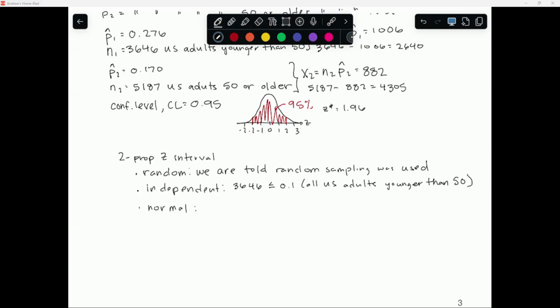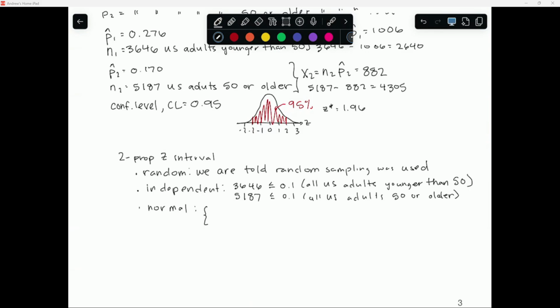We also need to check that 5,187 is less than or equal to 10% of all U.S. adults 50 or older, which again is a reasonable assumption.